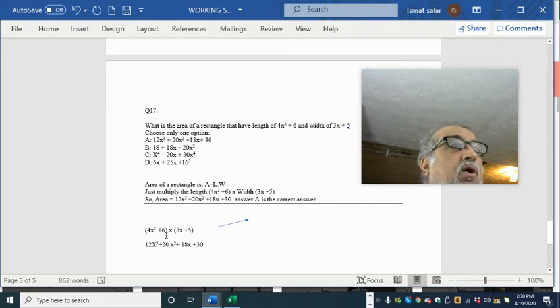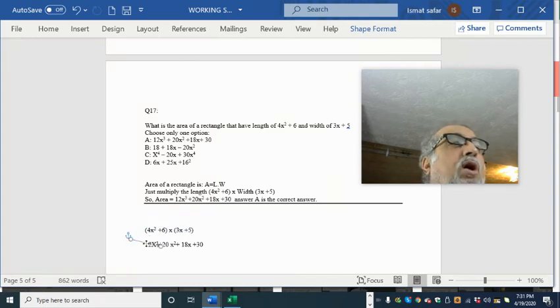Now, first step, you take this term here, 4x squared, you multiply it by 3x, and then you multiply it by 5. So you multiply 4x squared times 3x first, and then 4x squared times 5.